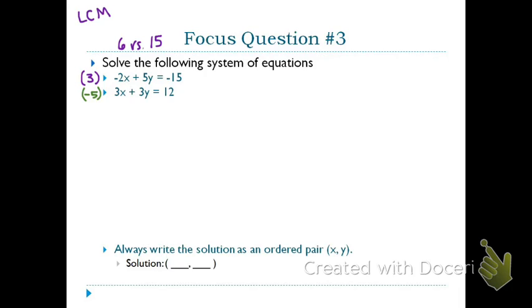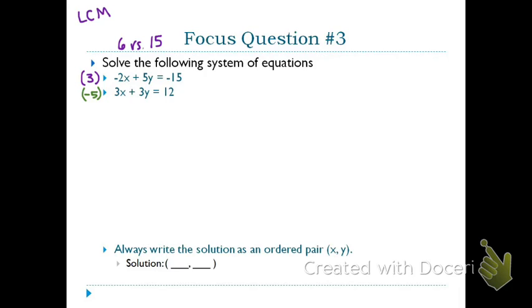Because if I take 3 times 5, we get 15. What about -5 times +3? We get -15. Always keep in mind, with elimination, we need to be thinking about how we eliminate a variable, and you've got to get a 0 pair.